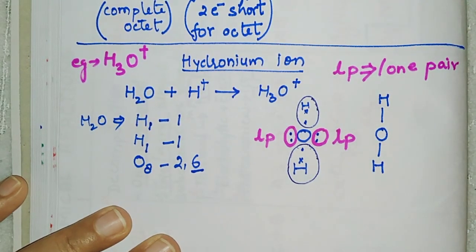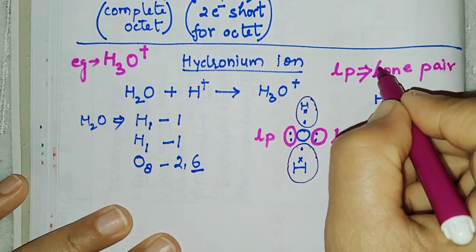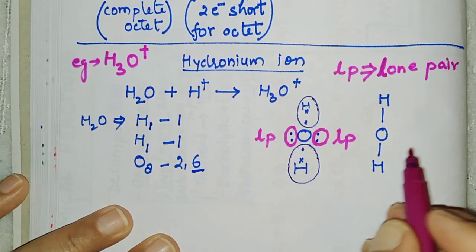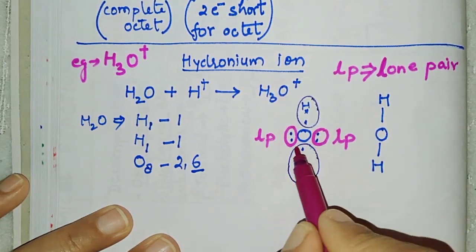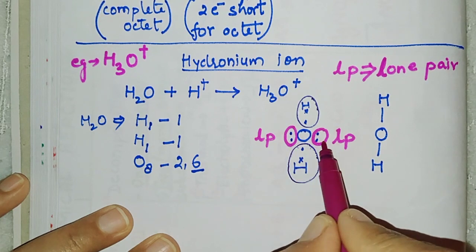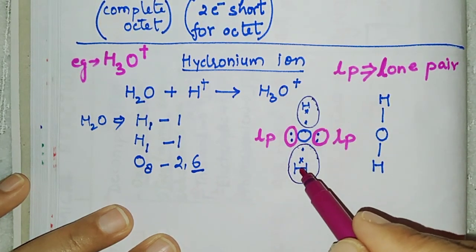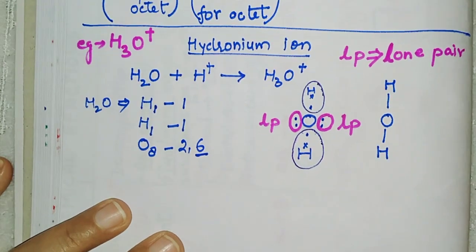A lone pair is that pair of electrons which does not participate in sharing or formation of a molecule. See, these two pairs are not participating in this bond formation. So this is a lone pair.